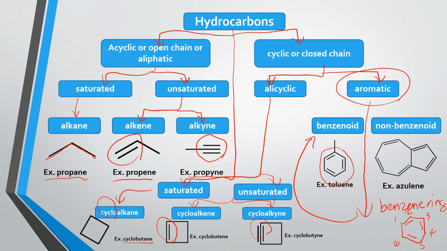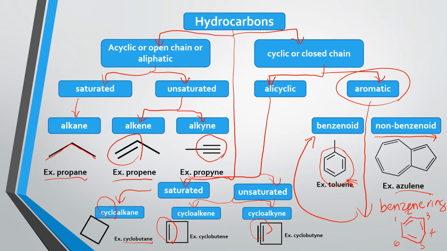Sir, paano kung yung aromatic or closed chain siya na hydrocarbon, pero wala siyang benzene ring? Wala siya nito, wala siya niyan. So they belong to another group known as non-benzenoid. Yan. Kagaya nito, azulene.